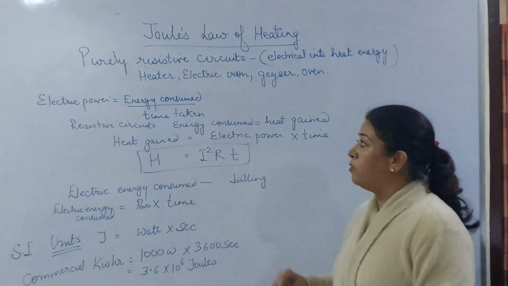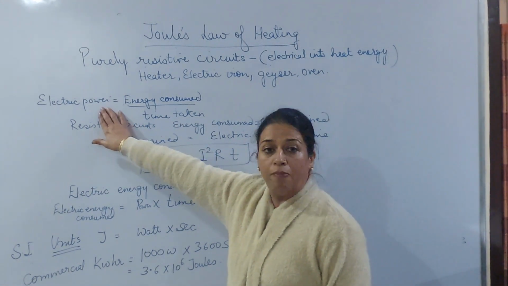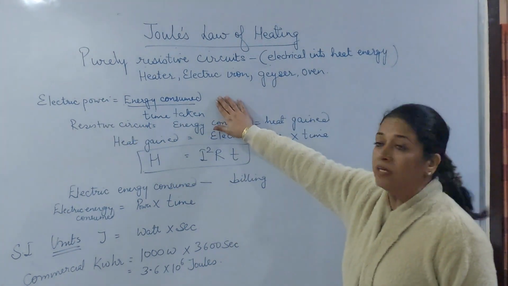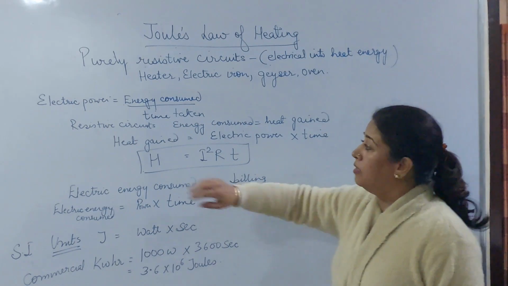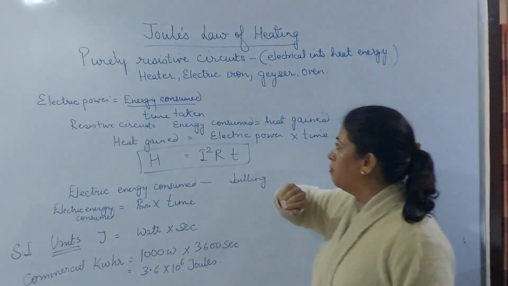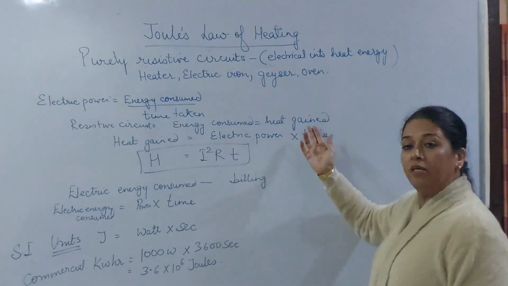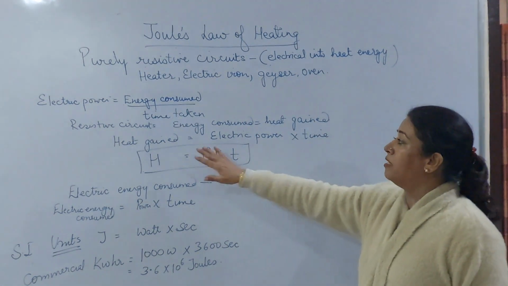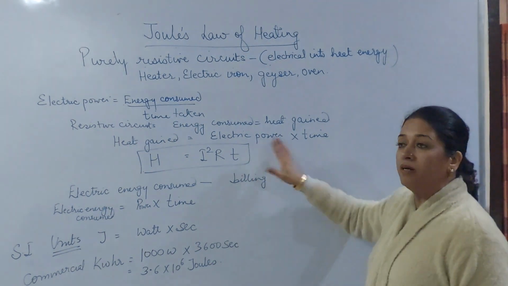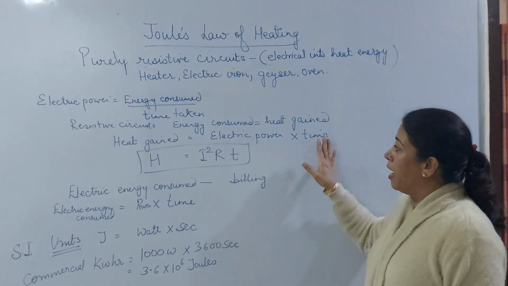Okay, coming back to electric power, we know that electric power is energy consumed upon time taken. In the resistive circuits that we are talking about now, the energy consumed gets changed into heat. So heat gained is equal to electric power multiplied by time.